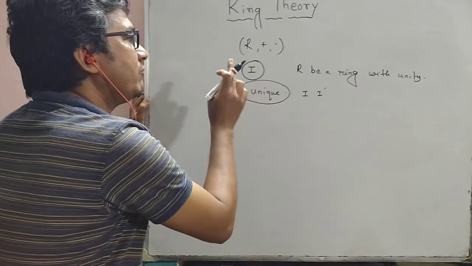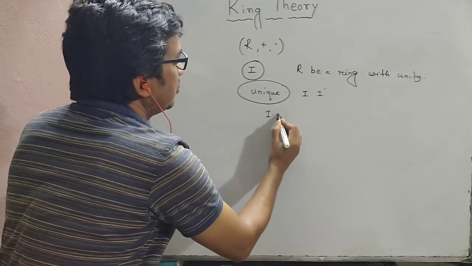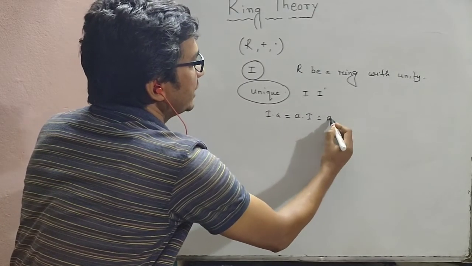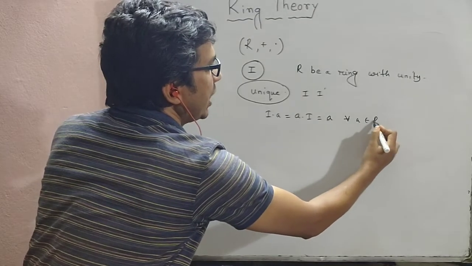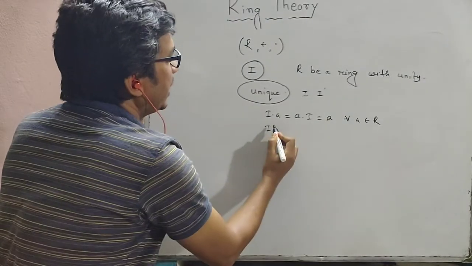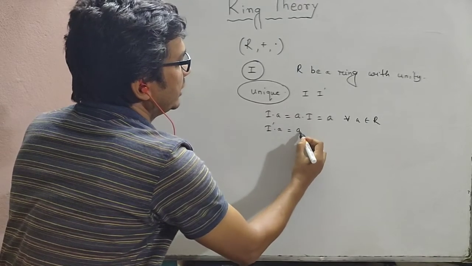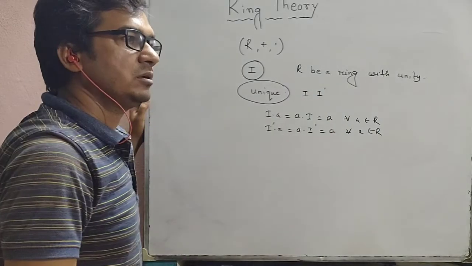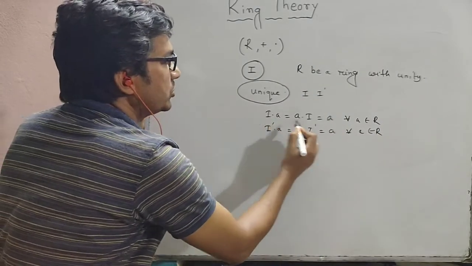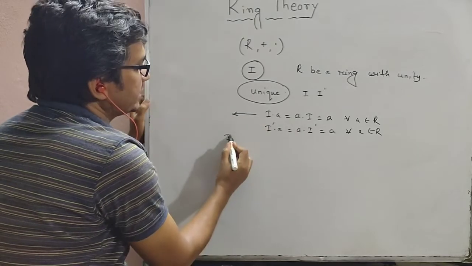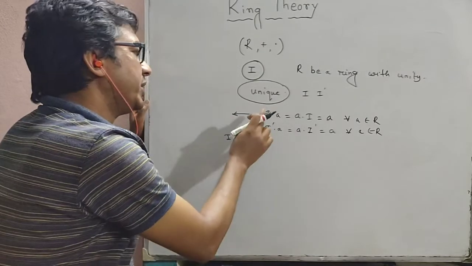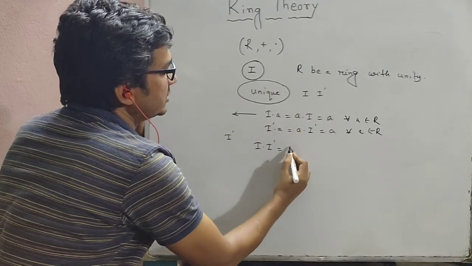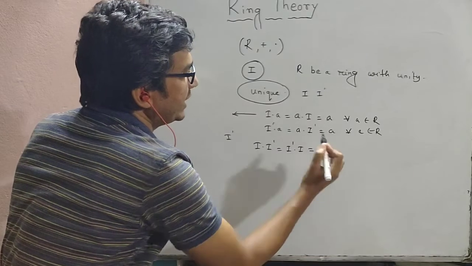From the definition of unity we can write I dot A equal to A dot I equal to A for all A belongs to R, and I dash dot A equal to A dot I dash equal to A for all A belongs to R. Now if we put I dash in place of A in the first relation, then we get I into I dash equal to I dash into I equal to I dash.